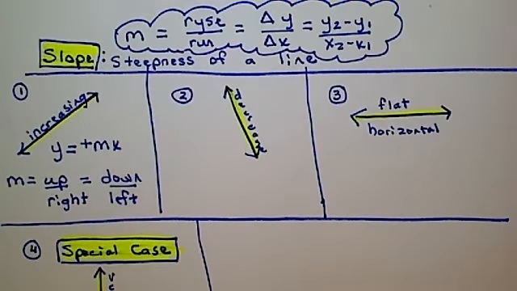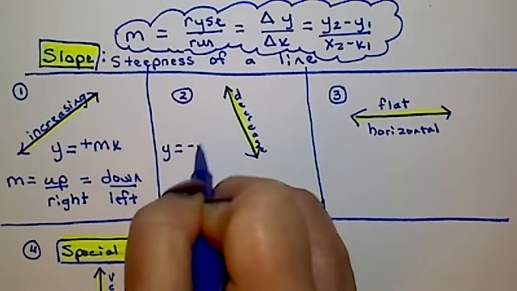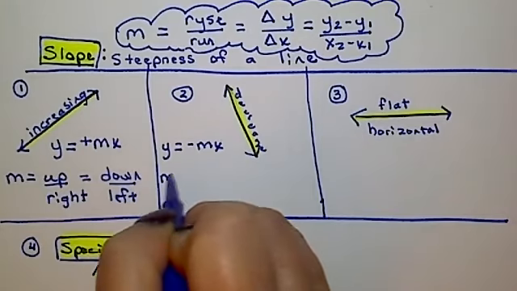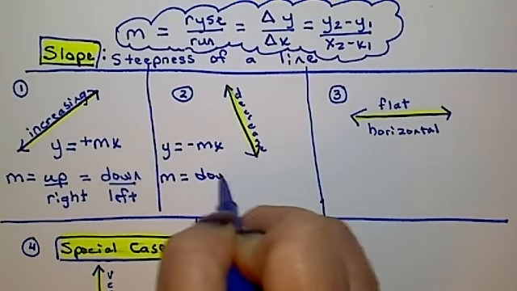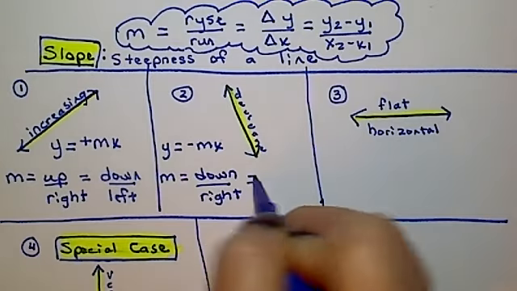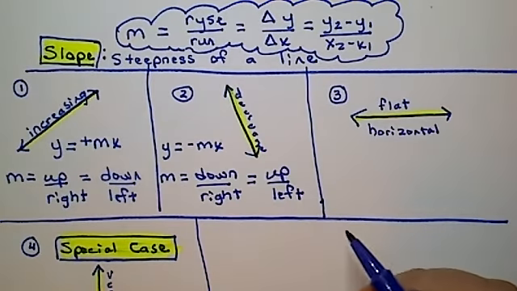Make sure your line is increasing. For this one, when you isolate y, the slope is going to be negative. So here you would count down and right, or you could count up and left. Make sure that is decreasing.